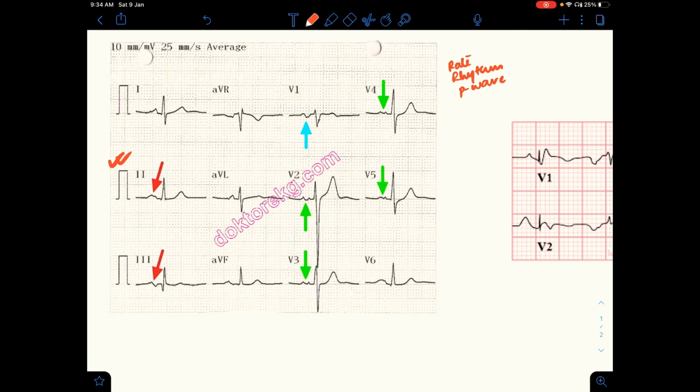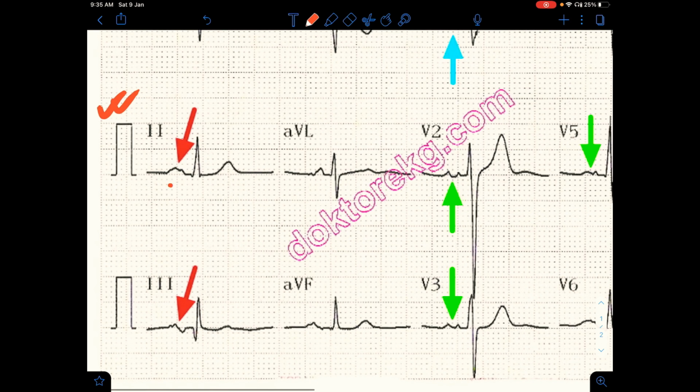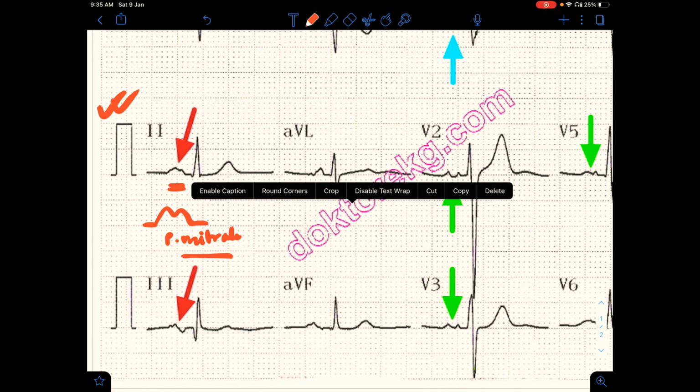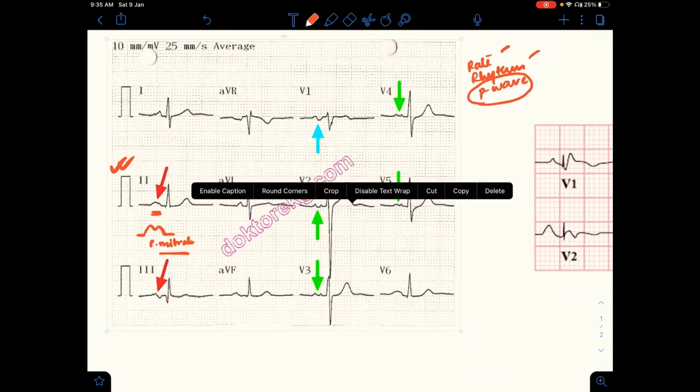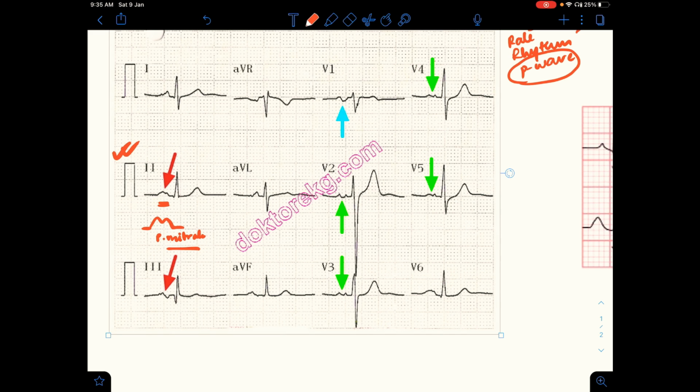As no long lead 2 is given here, we can't check the rate and rhythm, so we just go for the P wave. The P wave is like this. So this is P mitral.